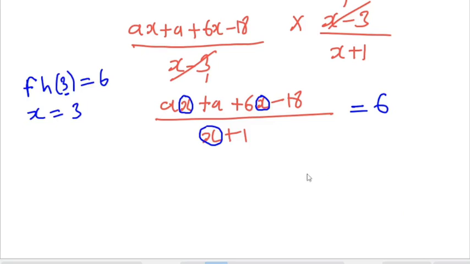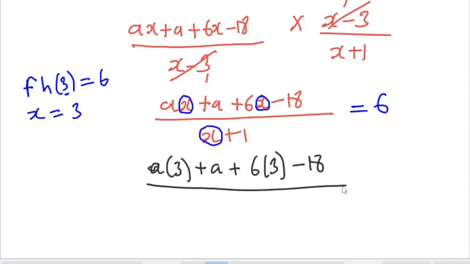So we are going to say a times 3, then plus a, plus 6 times 3, minus 18, over 3 plus 1, equal to 6.